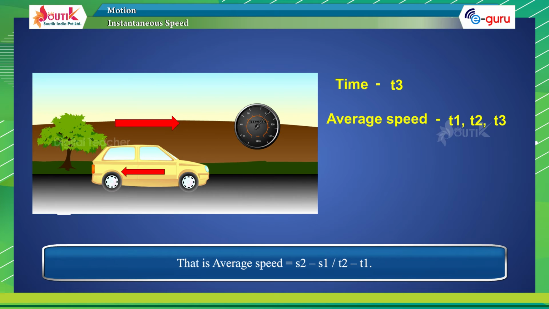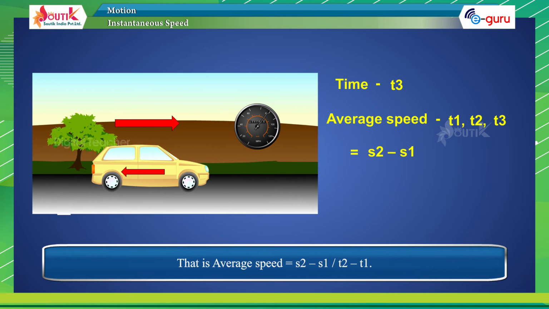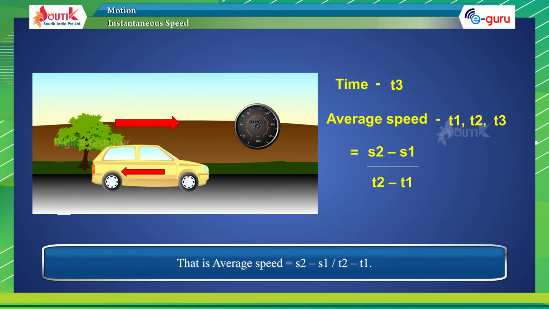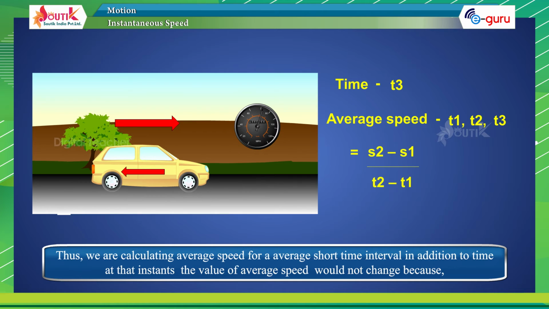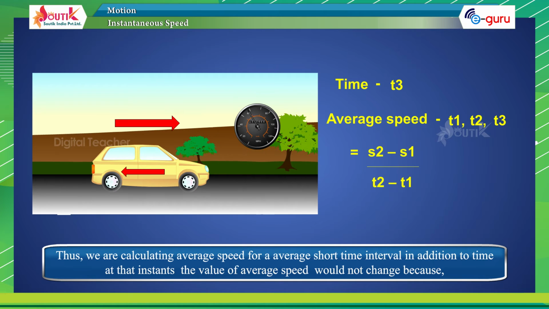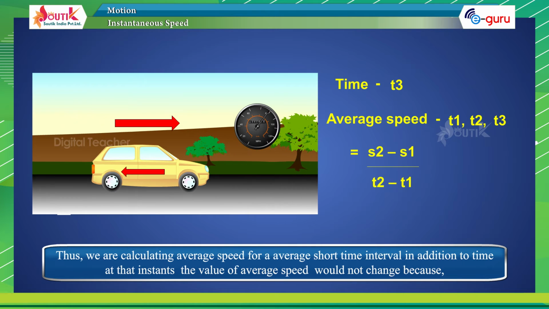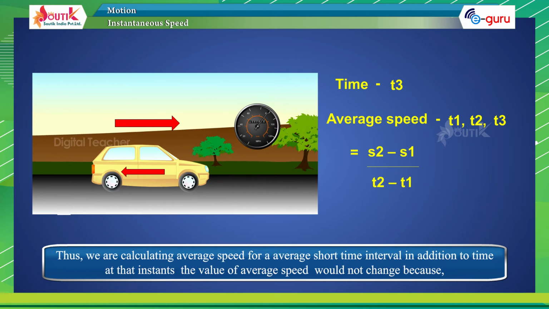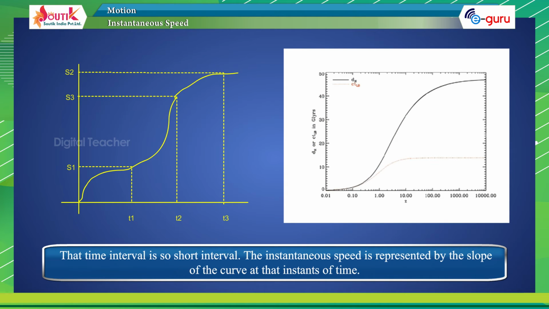That average speed is equal to s2 minus s1 divided by t2 minus t1. Thus, we are calculating the average speed for a very short time interval. At that instant, the value of average speed would not change because the time interval is so short.